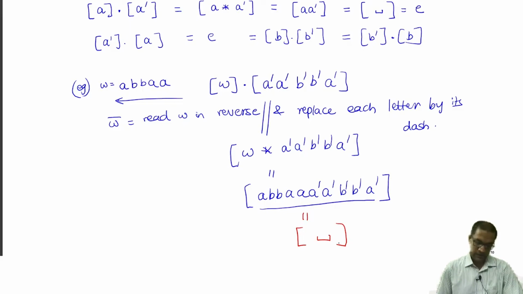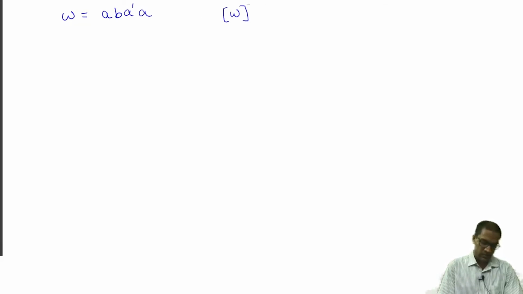Okay, and in fact this was just a particular example, but more generally the word can have dashes as well. So here's another example. If I have A, B, A dash, A for example, then I claim that the inverse of that equivalence class is just read the same thing in reverse but put dashes.